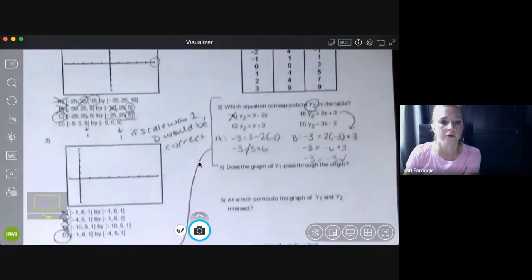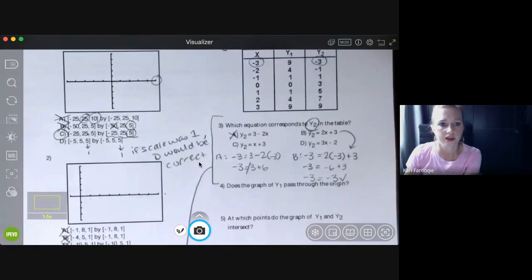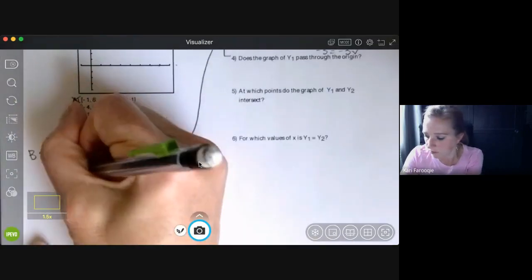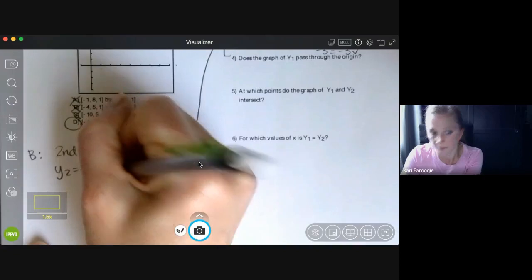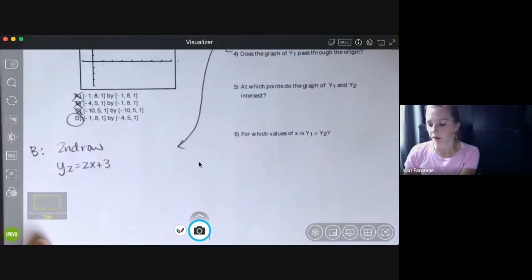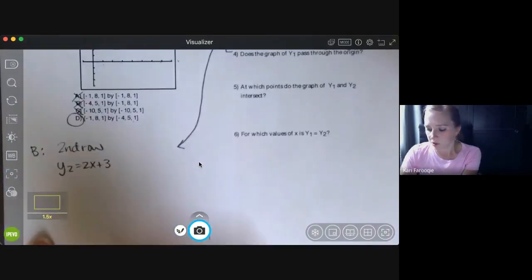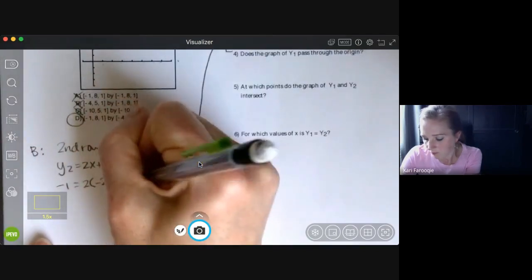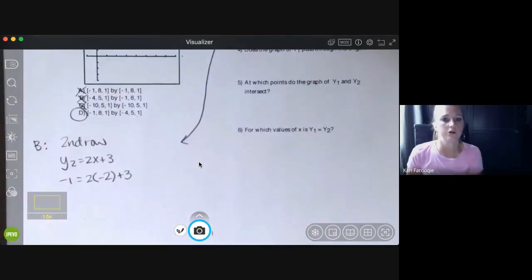And the second row in the table is x equals negative 2, y sub 2 equals negative 1. So y sub 2 is negative 1, x is negative 2, and I'm going to verify that the equation is true. If it is, I'll probably just show that C and D are not true and call it a day.